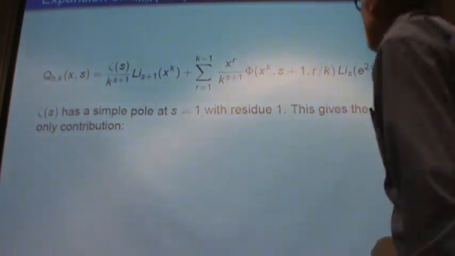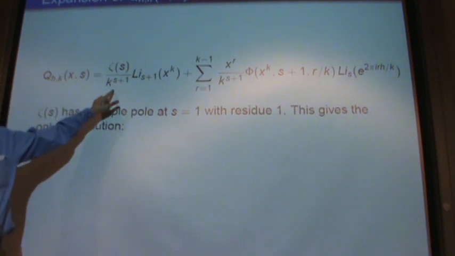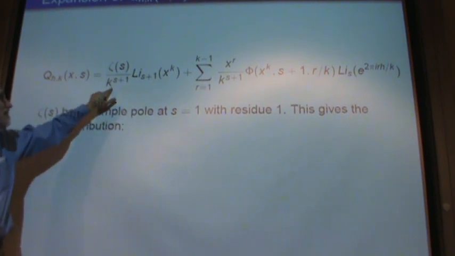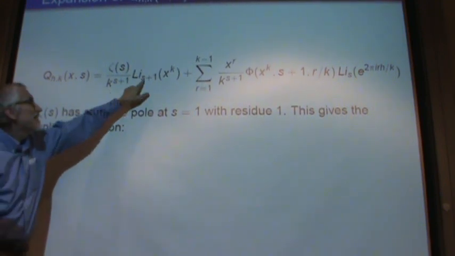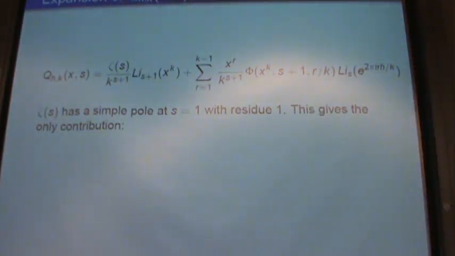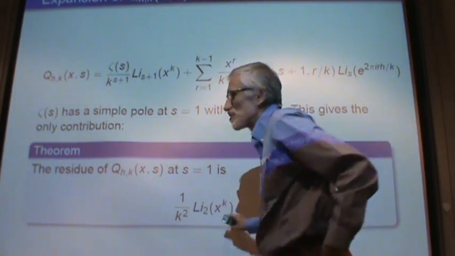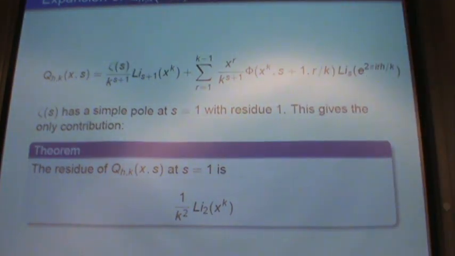So this has residue 1, so I can set s to be 1. Now this becomes a k squared, and then the polylog becomes a dilogarithm, and I have x to the k. So I have this formula. So that's very nice.